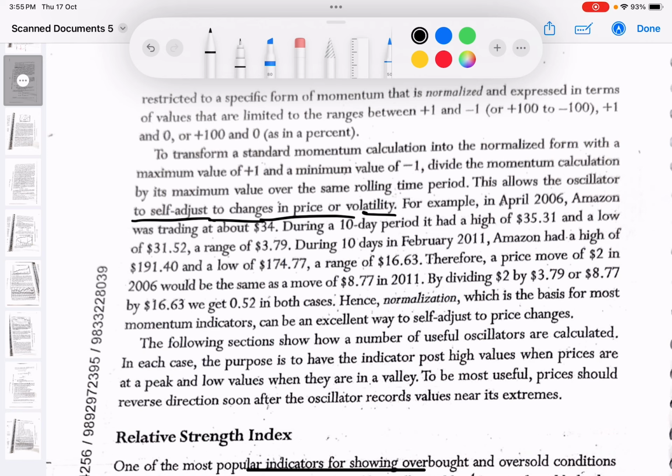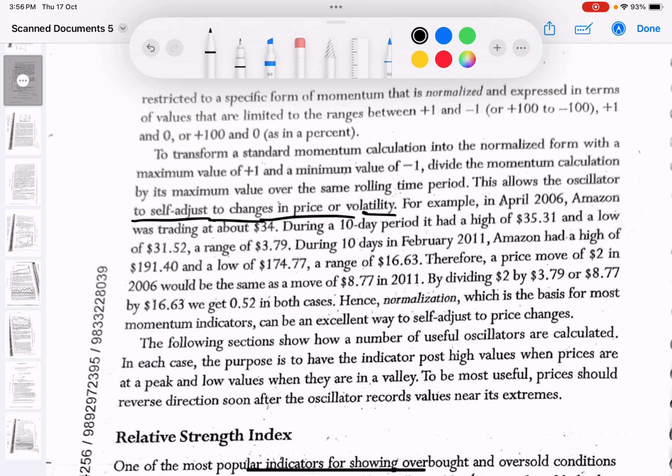During 10 days in February, Amazon had a high of 191 and a low of 174 and a range of this much. Therefore, a price move of $2 in 2006 would be the same as a move of $8 in 2011, because you're going to keep the percentage of the move into account rather than the price levels.